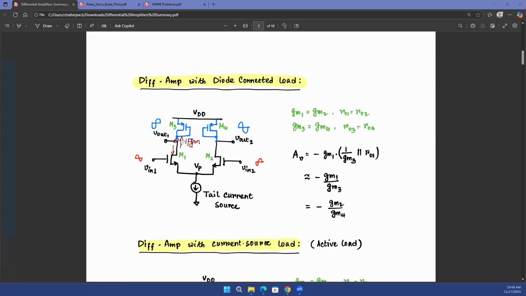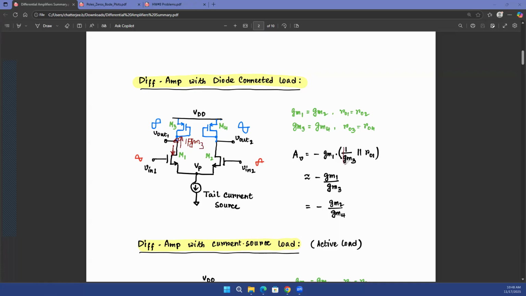So the resistance looking up is 1/gm at the output terminal Vout1. The resistance looking down is the drain of transistor M1. And of course, M1 is not diode connected, which means the resistance looking into the drain is ro. So the resistance looking upwards becomes 1/gm3, because this is transistor M3.